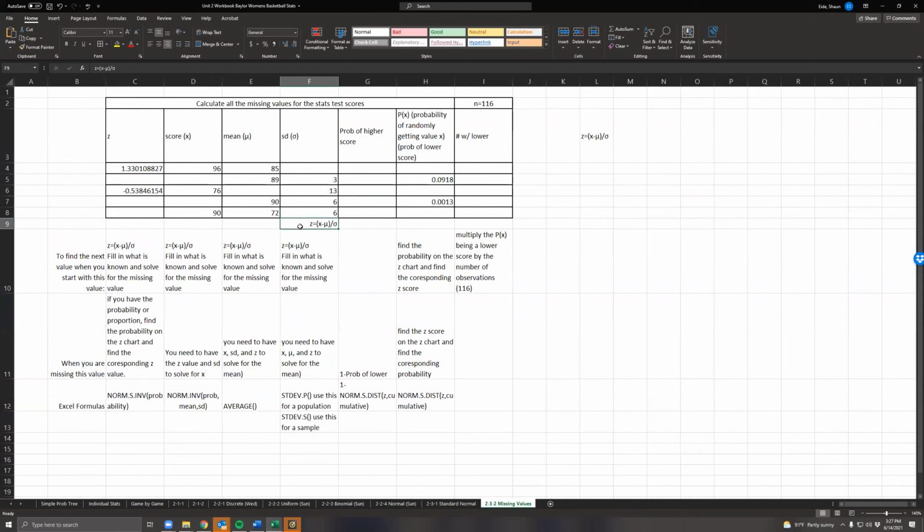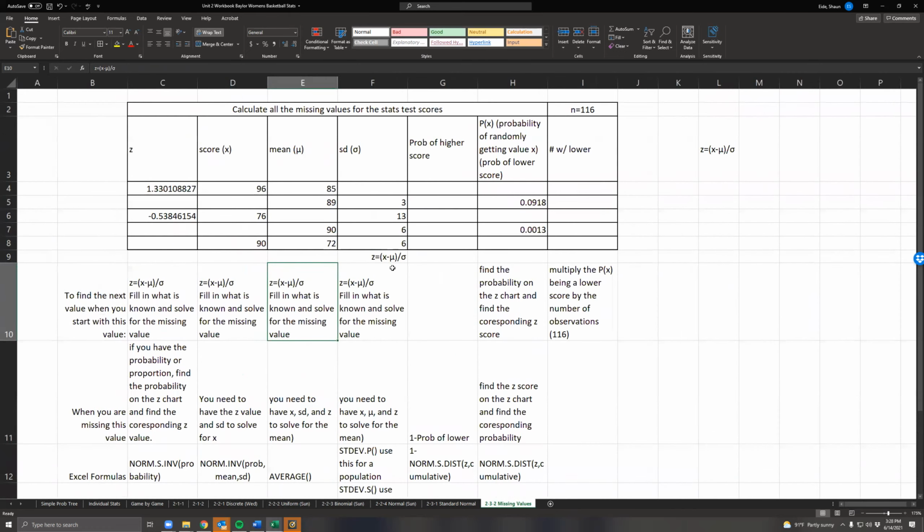So if we're solving for the standard deviation, what do I need to do to this formula? I'll just multiply it to the other side of the equation.